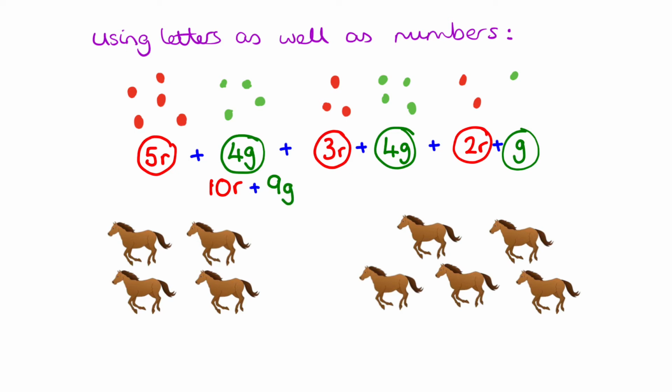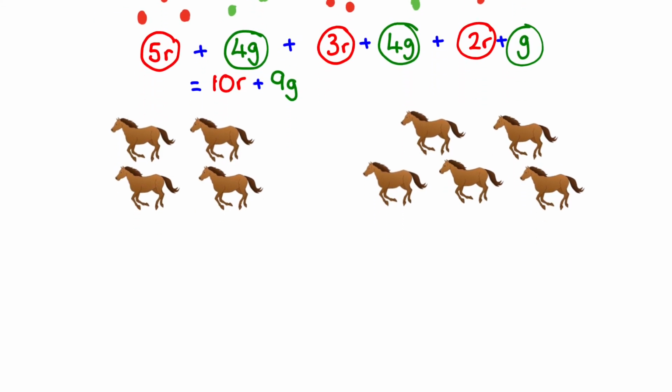So what we can do is we can write down the full amount like this, all separate, but then we can simplify it to bring it down to something that's a bit easier to understand. So all together here, what we're saying is, in all these dots here, we've got 10 red ones and 9 green ones. Okay, now it doesn't matter whether we're collecting dots or horses or umbrellas or houses or whatever.